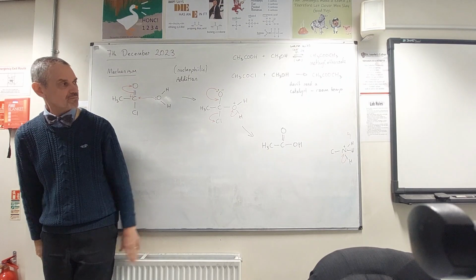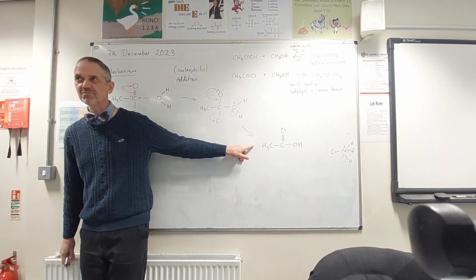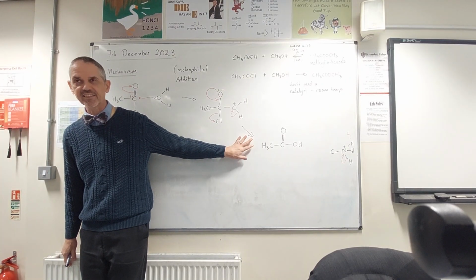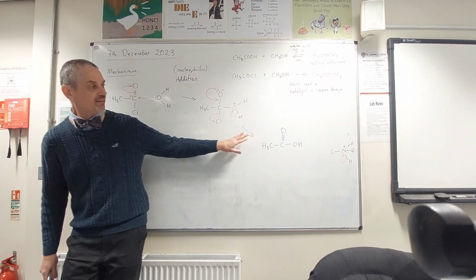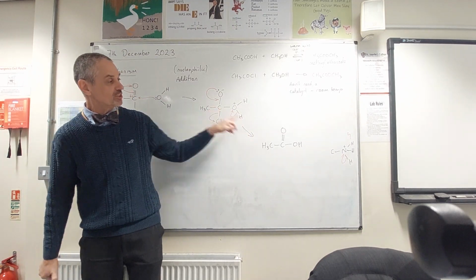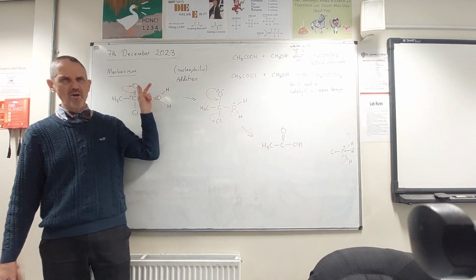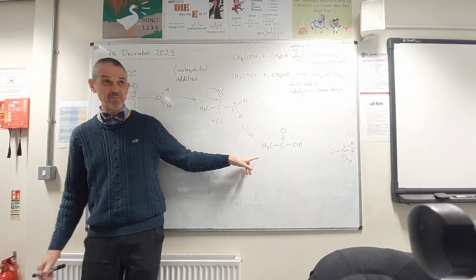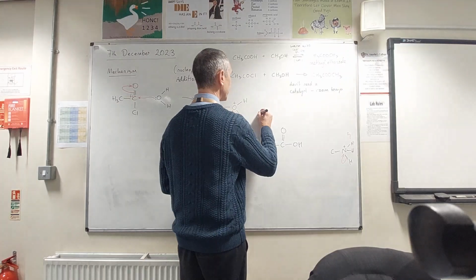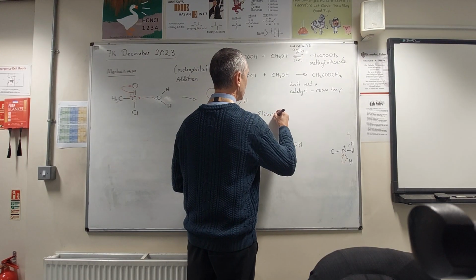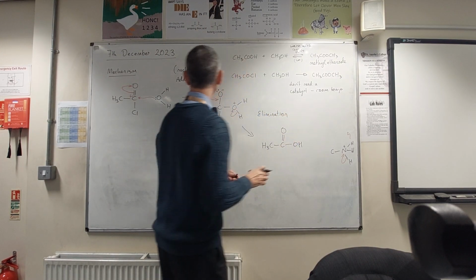Okay. What type of mechanism takes place here in this second step? Elimination. Right. Elimination is any reaction where we're making a double bond. Addition, we're breaking a double bond. Elimination, we're making a double bond. So this step here is elimination. Okay.